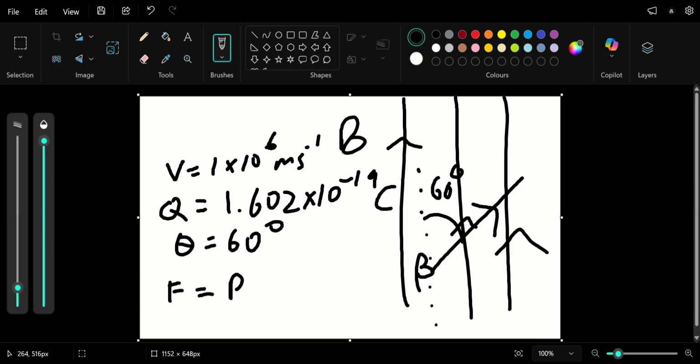The equation in question is F equals BQV sine theta, and this will essentially tell us the force experienced by the beta particle of the charge in a magnetic field. Let's solve for F. You can pause the video now and go ahead.